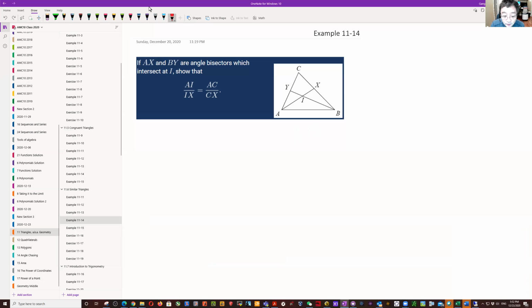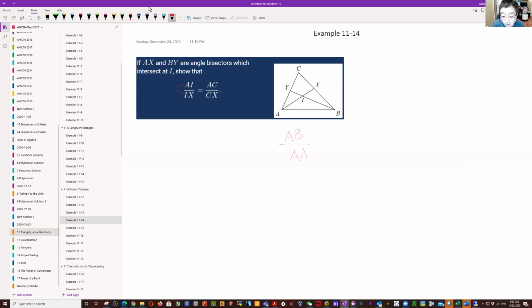So basically here, AI over IX is actually equal to, just looking at this angle ABX, AI over IX is equal to AB over AX.